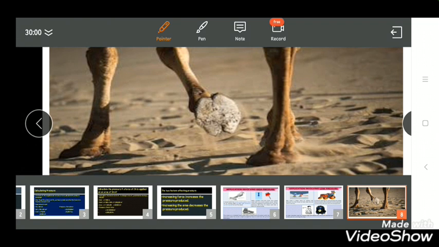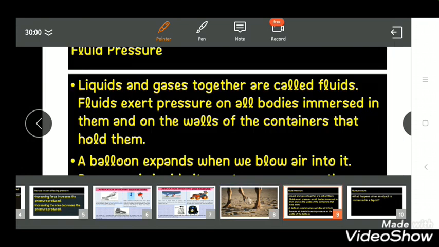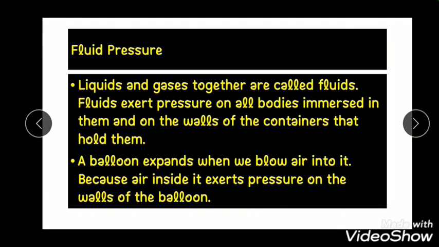Now the next one is about fluid pressure, the pressure exerted by fluids. Liquids and gases together are called fluids. Fluids exert pressure on all bodies immersed in them, and on the walls of the containers also.